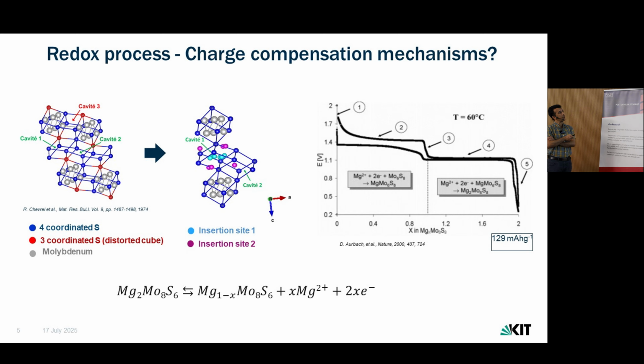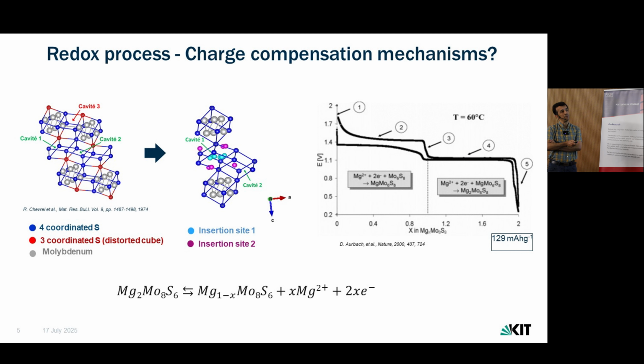We have 3 cavities in this structure which can host the magnesium. Cavities 1 and 2 are electrochemically active, and cavity 3 is not active, but it plays some role, as we will see. And during the insertion, we have 2 plateaus.